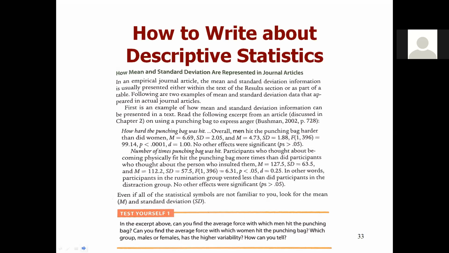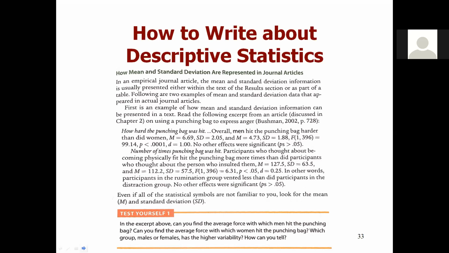This is a Bushman study of catharsis and anger, where participants were put in the irritable mode by having a Confederate who insulted them. And then the people were either asked to sit down for 15 minutes, do nothing, or they were allowed to punch the bag, thinking that it might take care of the anger, right?